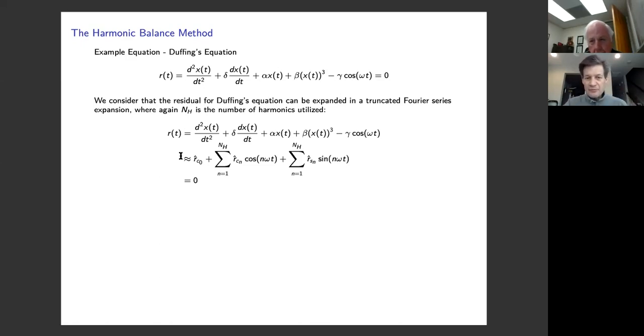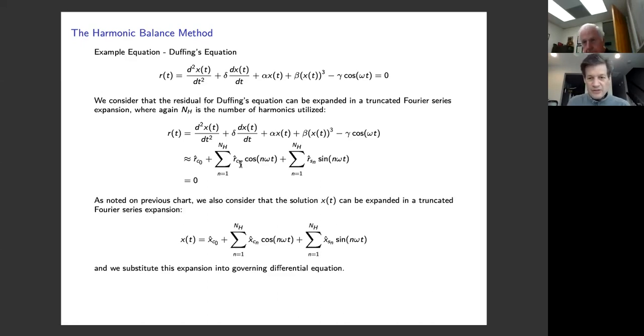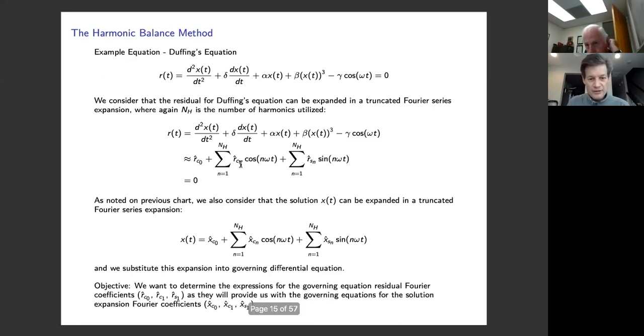The balancing procedure is where we substitute the expansion of x of t into the equation, and then we balance the terms so that we can determine the coefficients R0, RCn and RSn, which are the coefficients of the constant, cosine and sine terms of the expansion of the residual of Duffing's equation. So again, we substitute our expansion into Duffing's equation, and this provides us with a system of algebraic equations for the unknown coefficients of the expansion for x of t.